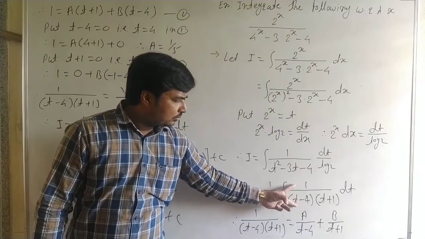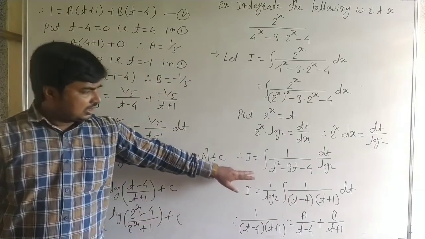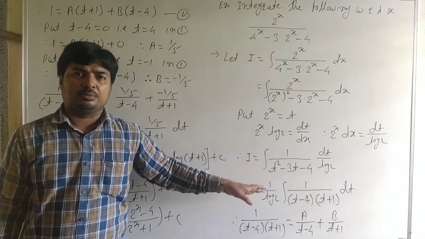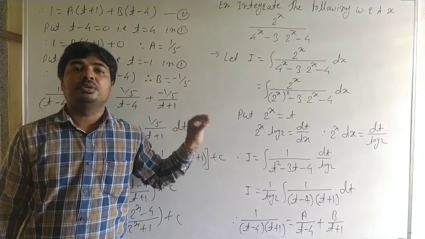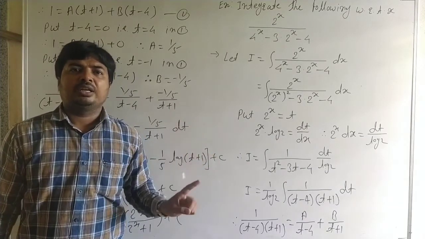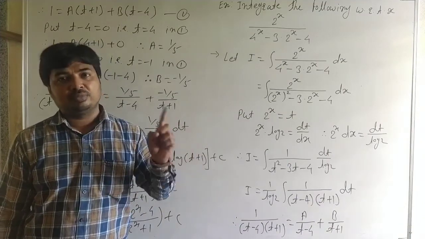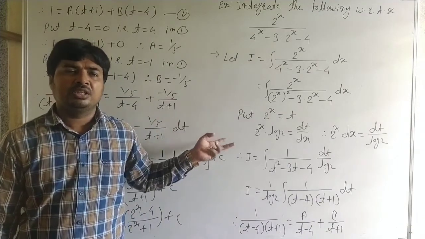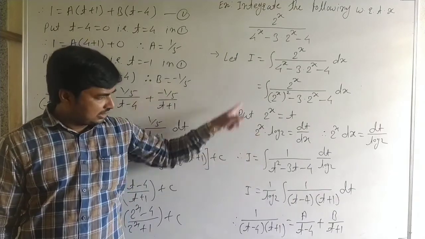Both of the last two methods are the same, but we can also solve this example by using the completing square method and use the special integral 1 upon x square plus a square, 1 upon x square minus a square, or 1 upon a square minus x square. Out of the three integrals we can use one integral after completing square.